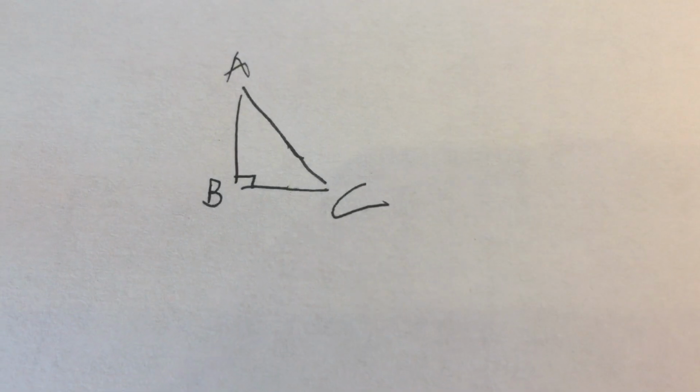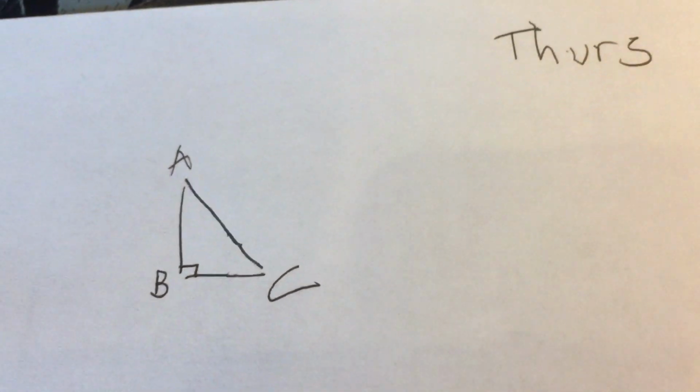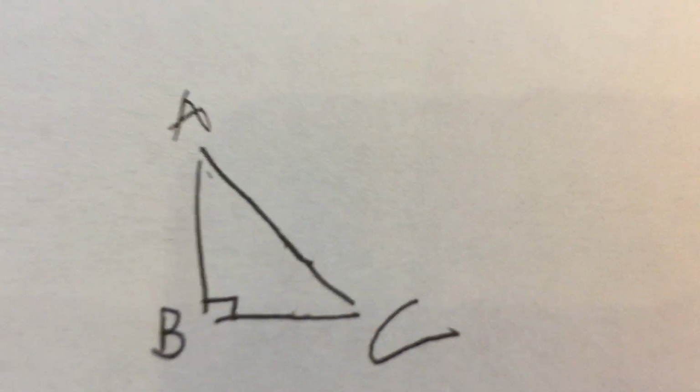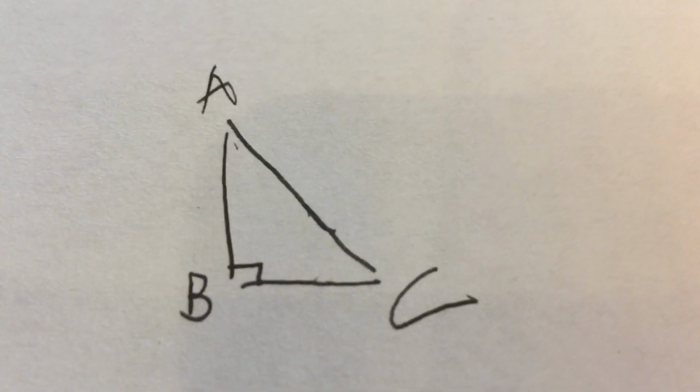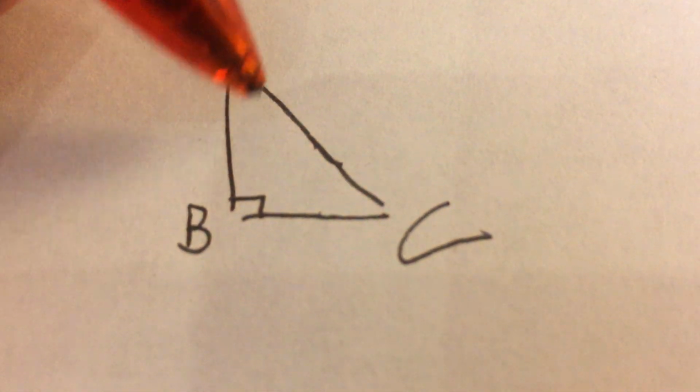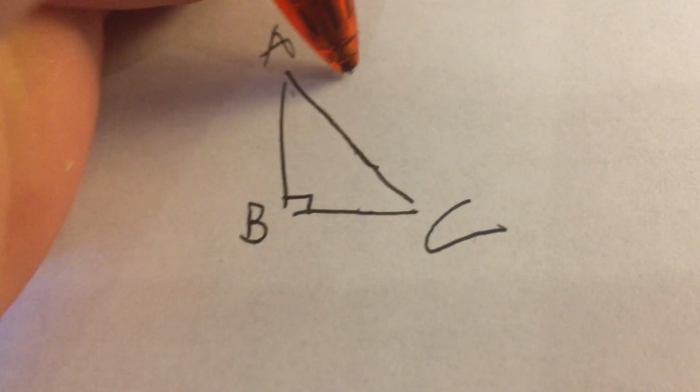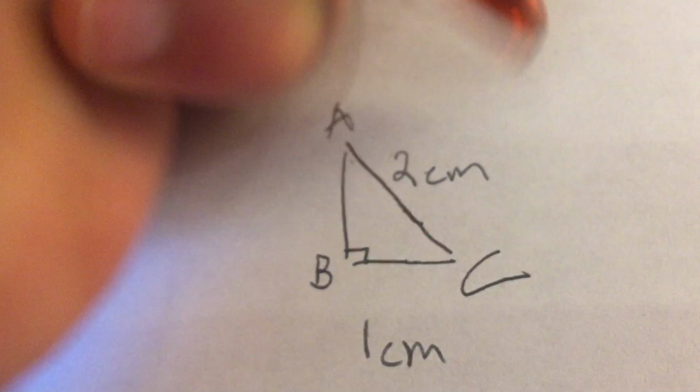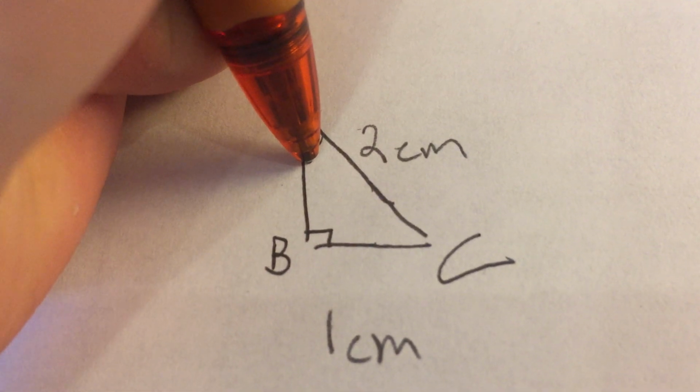So today's lesson was about finding the angle measures, right? In actuality, this would be an actual right triangle, and then you would measure out everything in centimeters or whatever.